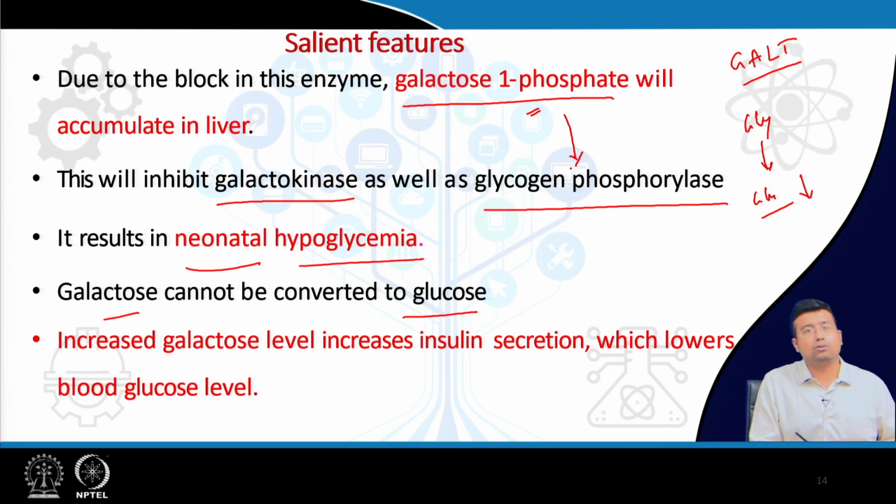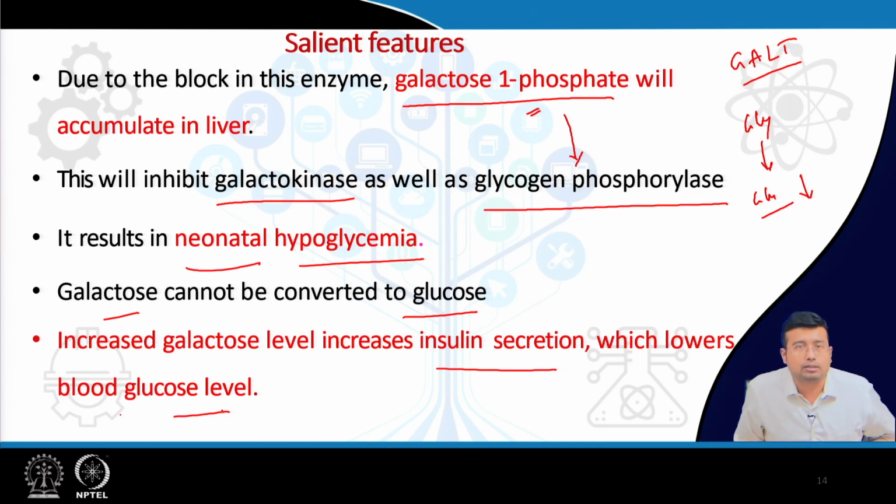Also, increased galactose level increases insulin secretion, which lowers the blood glucose level. So, what is happening? When galactose is increased, the beta cells of the pancreas sense a monosaccharide and trigger release of insulin. What is the role of insulin? It lowers the blood glucose.